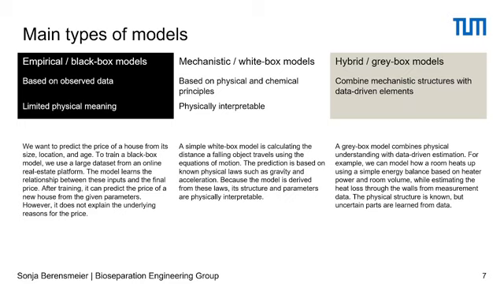And then the model learns on the data, learns the relationship between these input parameters and the output parameters. After the training is complete, we can predict the price of any new house from our three parameters: size, location, and age. However, the model cannot give us any information on what the reasoning behind the price is. So you cannot ask the model things like, if I increase something, what is the most important parameter, size, location, age?